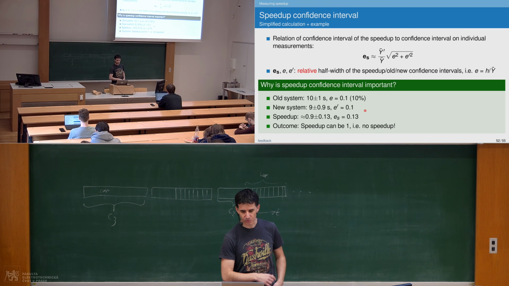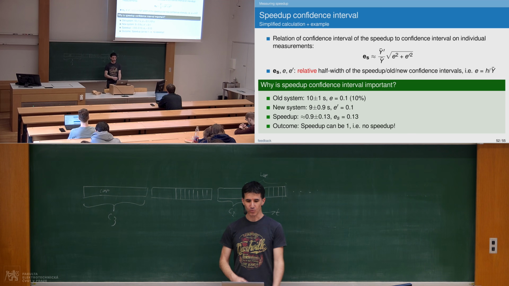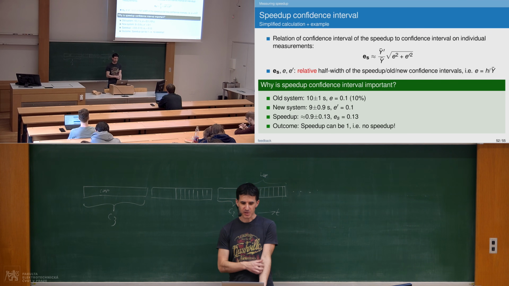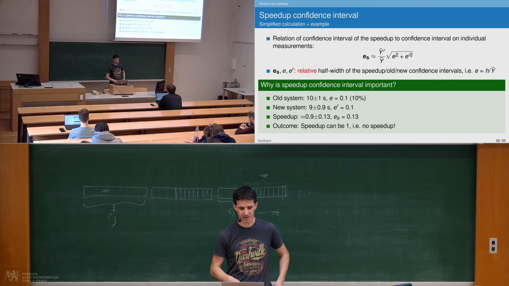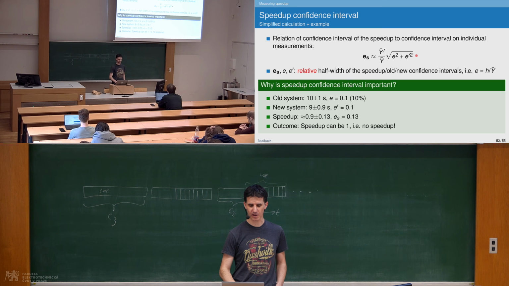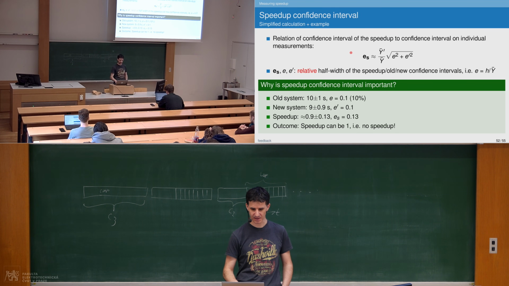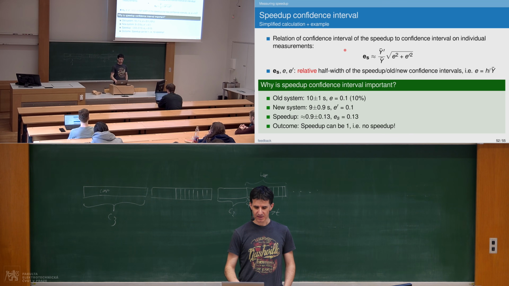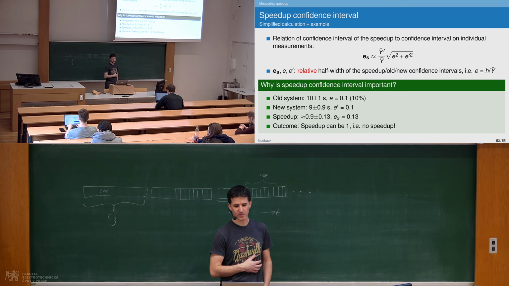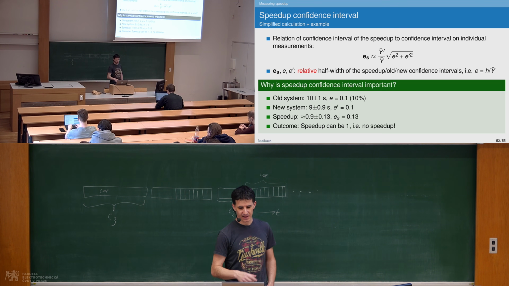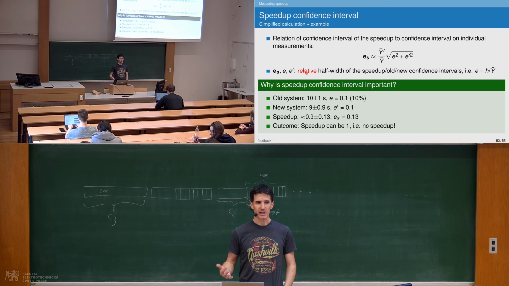If you don't want to be that precise, you can use just an approximate formula for calculation of the confidence interval, which is like this. And the whole point of this calculation is that it's quite easy to make mistakes.